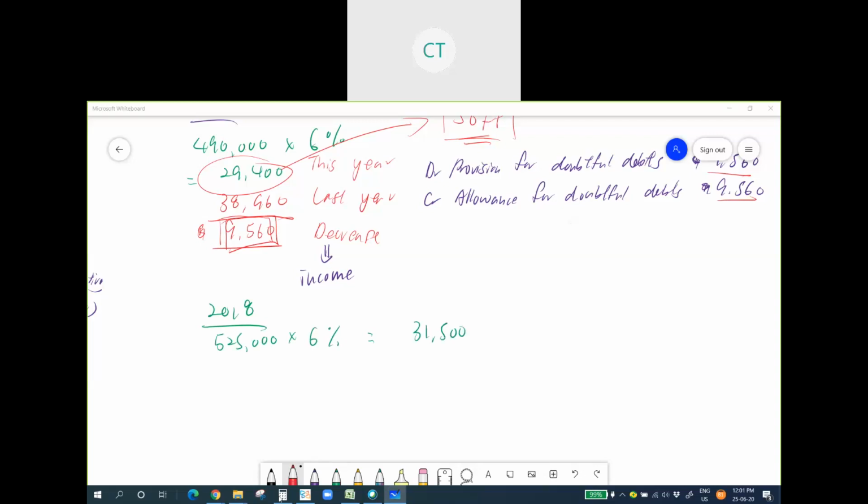This 31500 is this year's amount. Last year provision for doubtful debts is 29400. So from this comparison, can you tell me whether our provision for doubtful debts increased or decreased? And what is the difference?